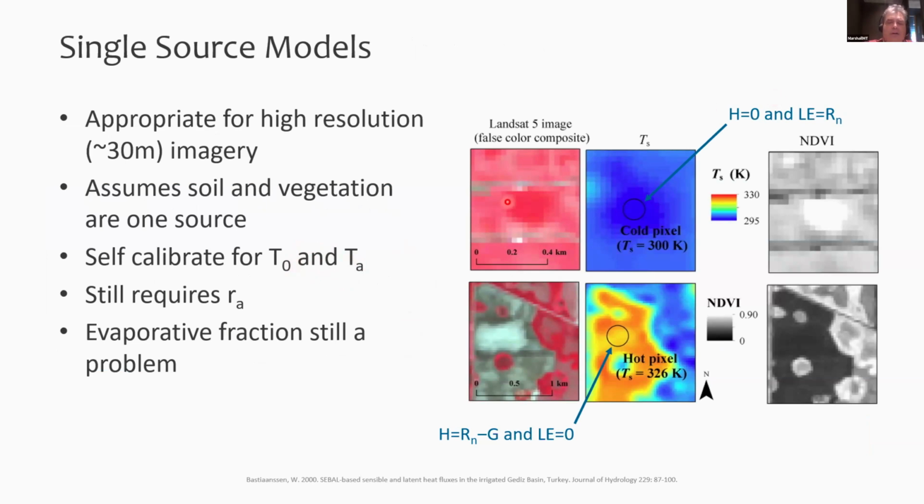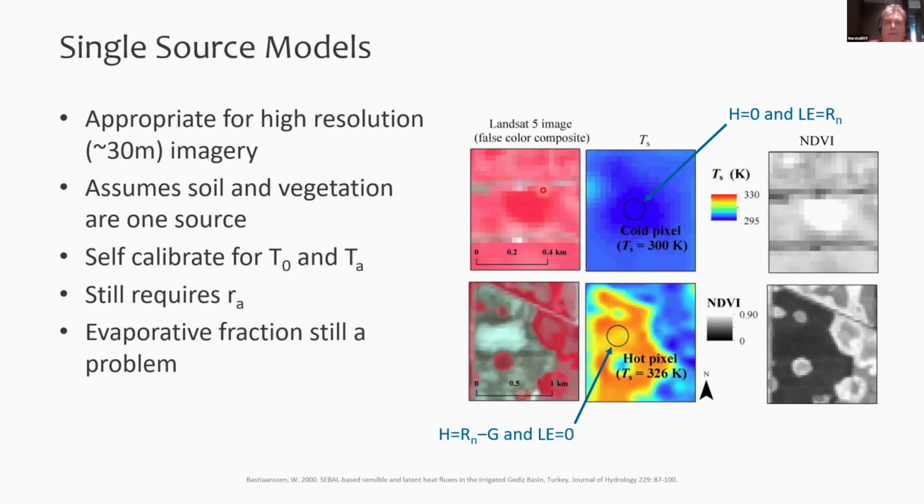So you can see there's basically a wet extreme, a very vegetated surface within a pixel, and a very dry or bare soil or urban extreme also in the same image, ideally. And it uses these extreme pixels to calibrate the LST air temperature difference.